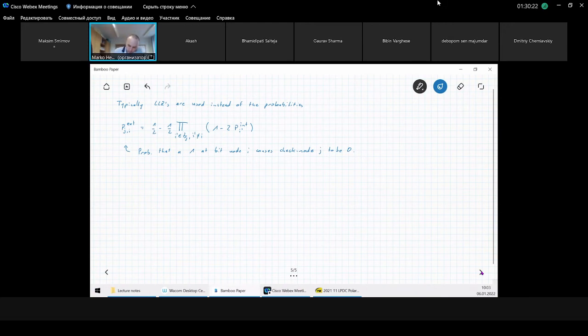And of course, we can also turn this around. I could also ask for the probability that a 0 at bit node I causes check node J to be 0.